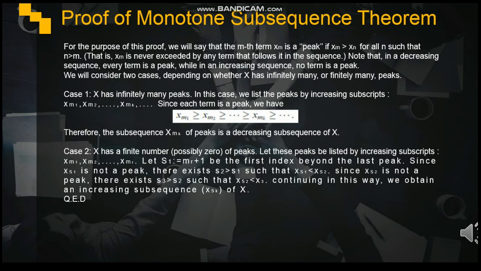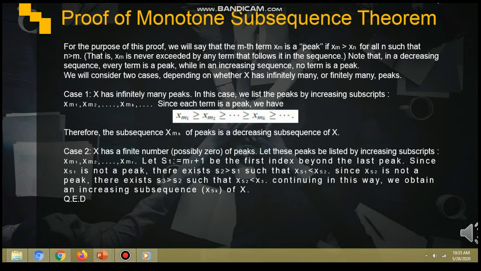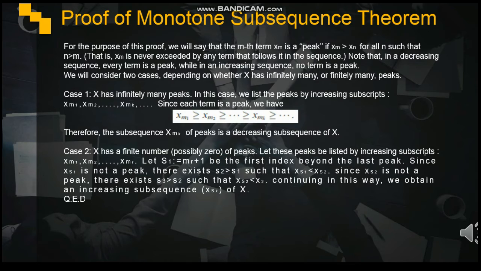Since x_s1 is not a peak, there exists s2 greater than s1 such that x_s1 is less than x_s2. Since x_s2 is not a peak, there exists s3 greater than s2 such that x_s2 is less than x_s3. Continuing in this way, we obtain an increasing subsequence x_sk of x. That's the proof.